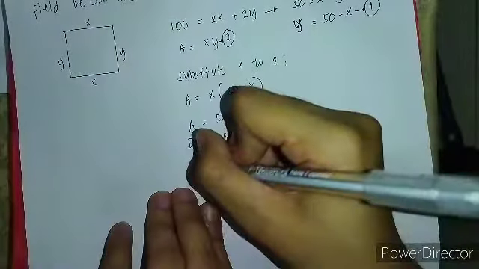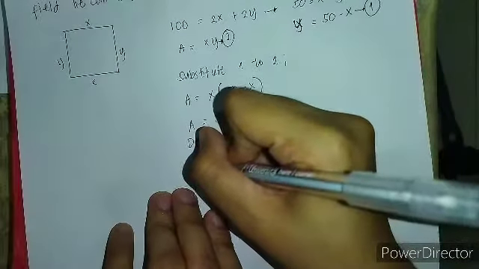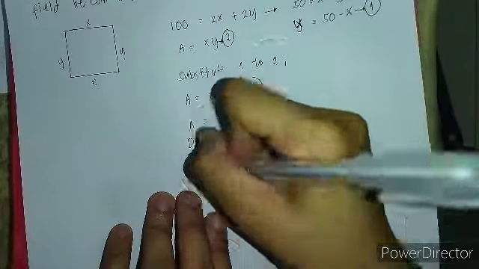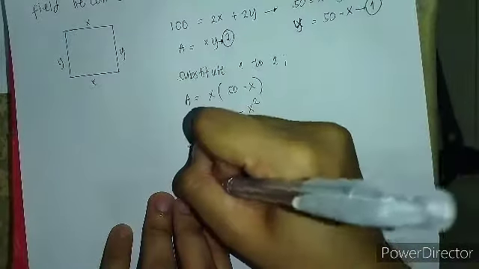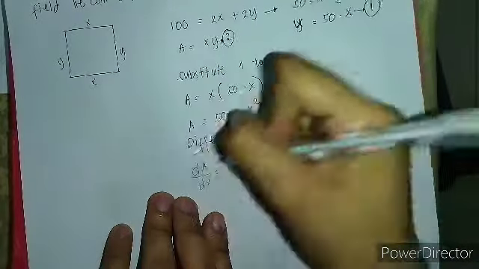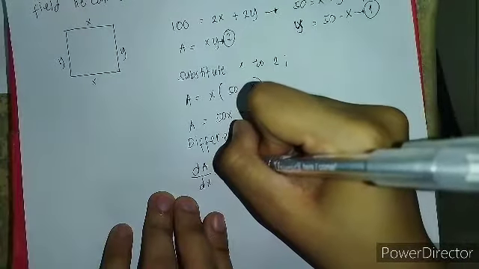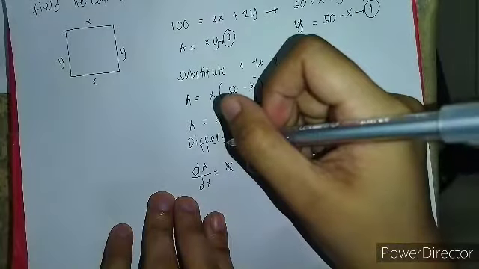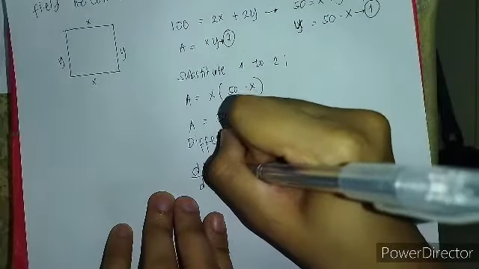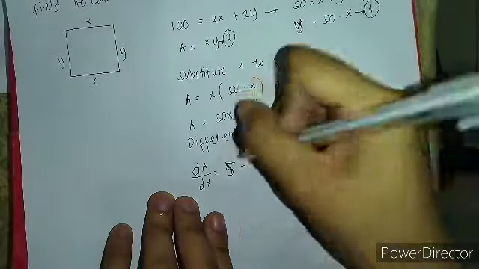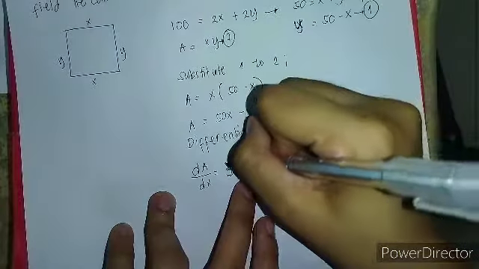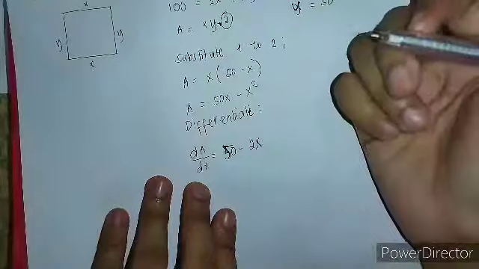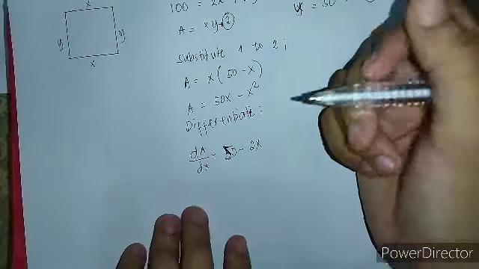We can get the derivative of A with respect to x, which is 50 minus 2x.